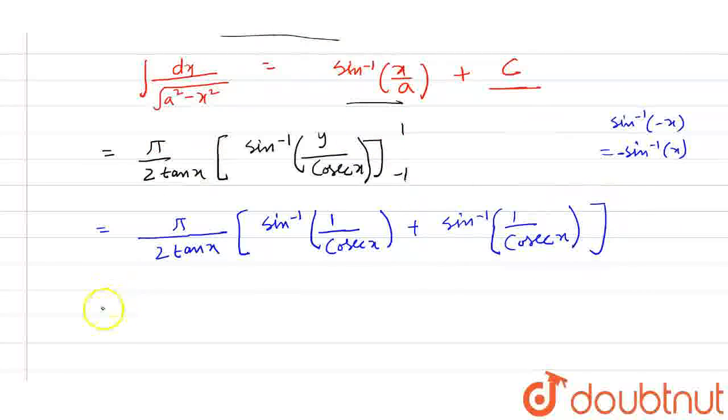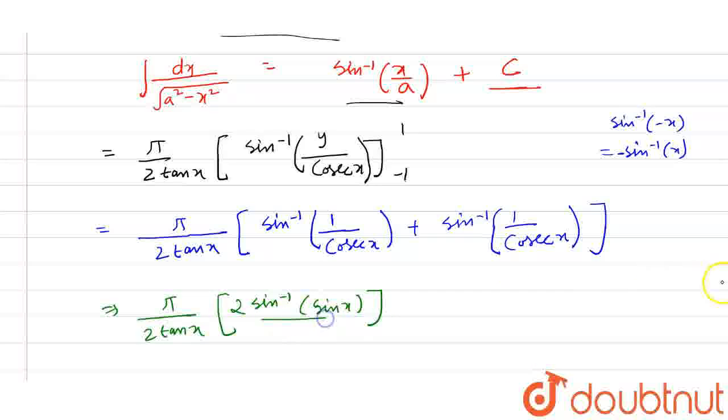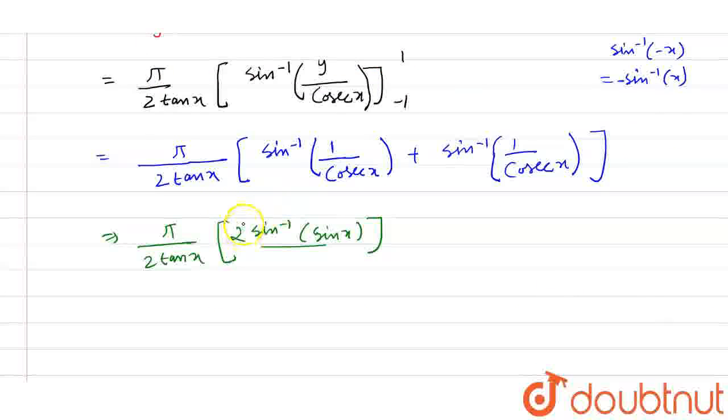Now next step, this can be written as pi by 2 tan x into 2 sin inverse, and we know that 1 upon cosec x is equal to sin x. Now if we cancel out 2, we get pi into x upon tan x, which is equal to f(x).